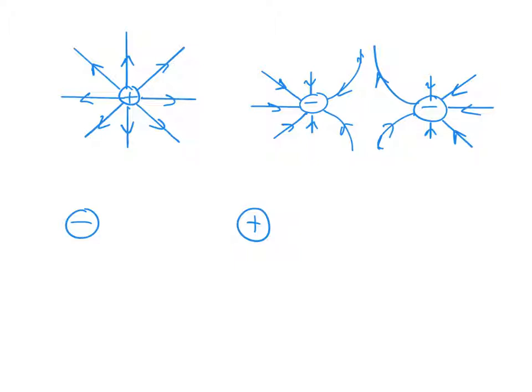Oh, my bad. A positive would move towards a negative. So in a straight line exactly in between the two, it's quite straightforward. A positive charge would be pushed like that.